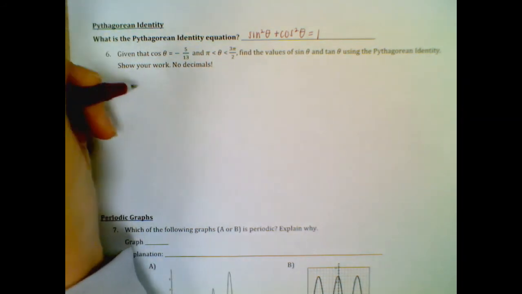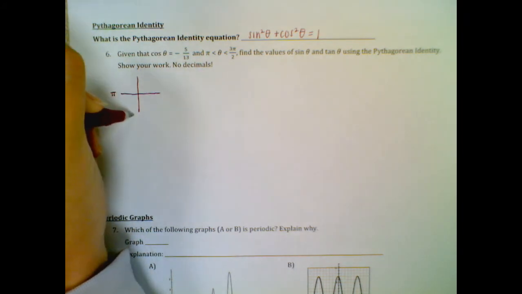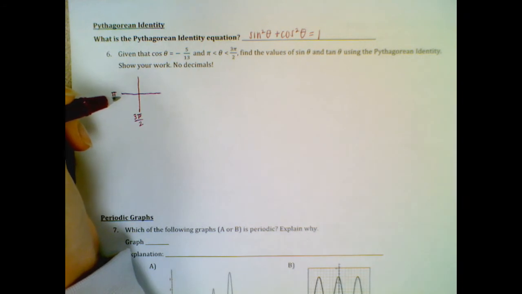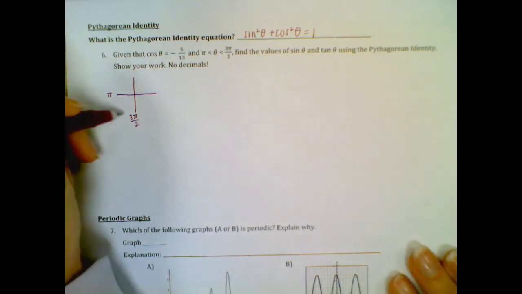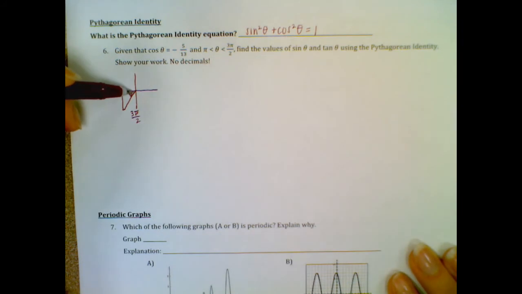Okay, so first let's figure out what quadrant we're in. So this is pi, and here's 3 pi over 2. You guys will have your unit circle the whole time, so you can also double check that. So we're in this quadrant because we're in between those. All right, so this is my triangle. There's my angle. Okay.